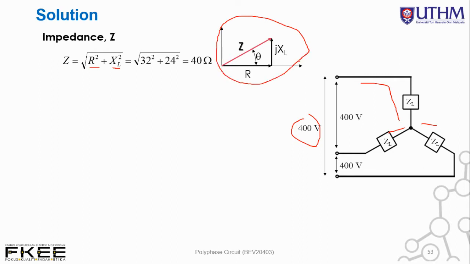this relationship. Okay. So we have the Z, the magnitude. So this is the angle theta.